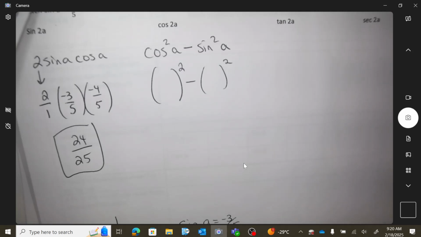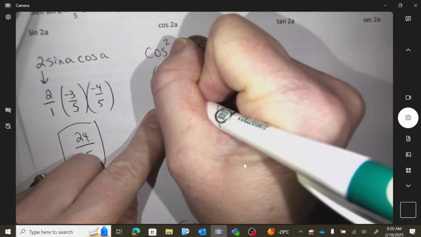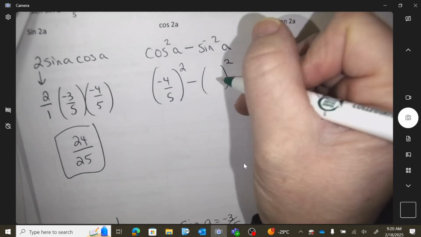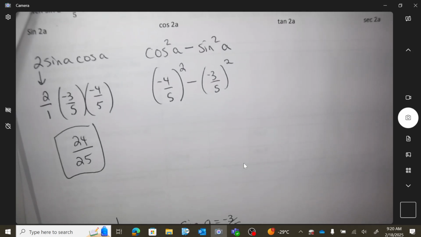Okay, so cos A is -4/5, and then the sine is -3/5. If I didn't put brackets on there, it'd be wrong, okay? And I'd have to take off points.